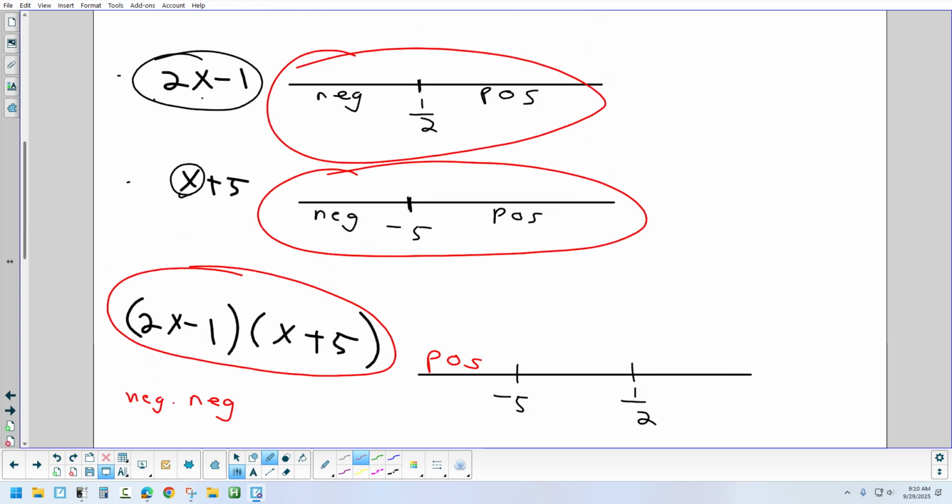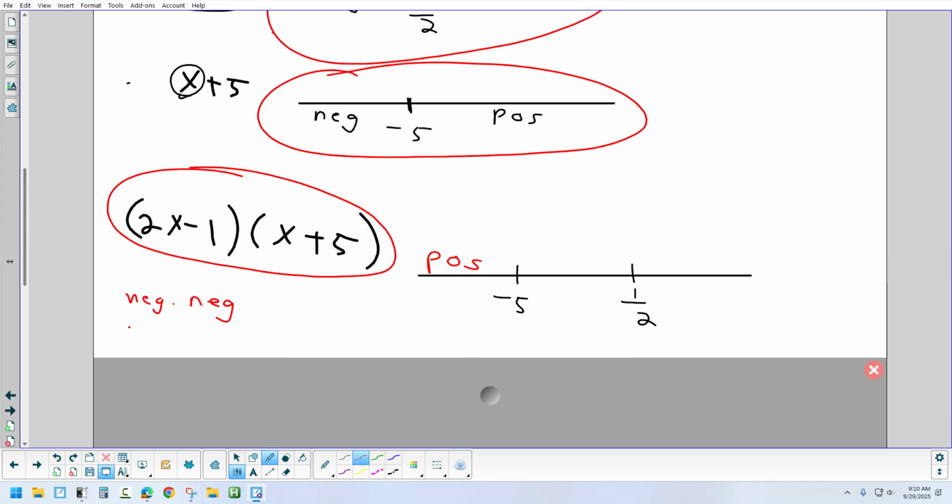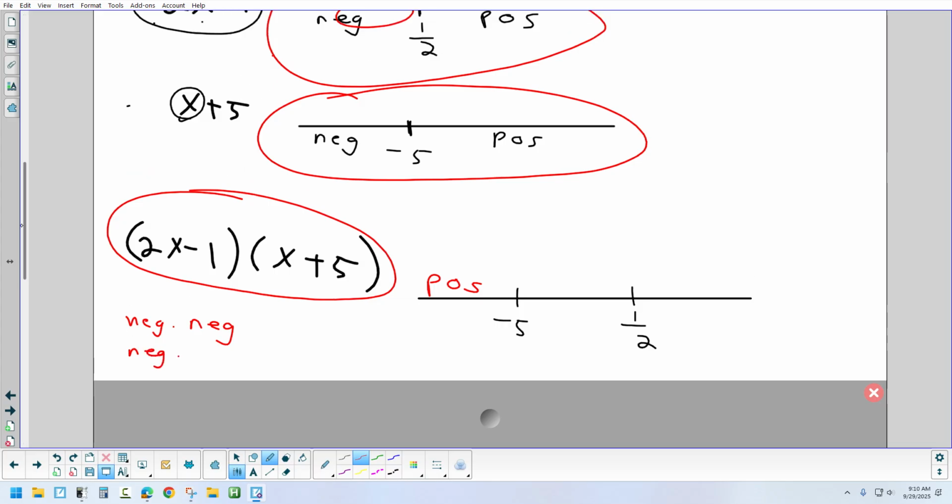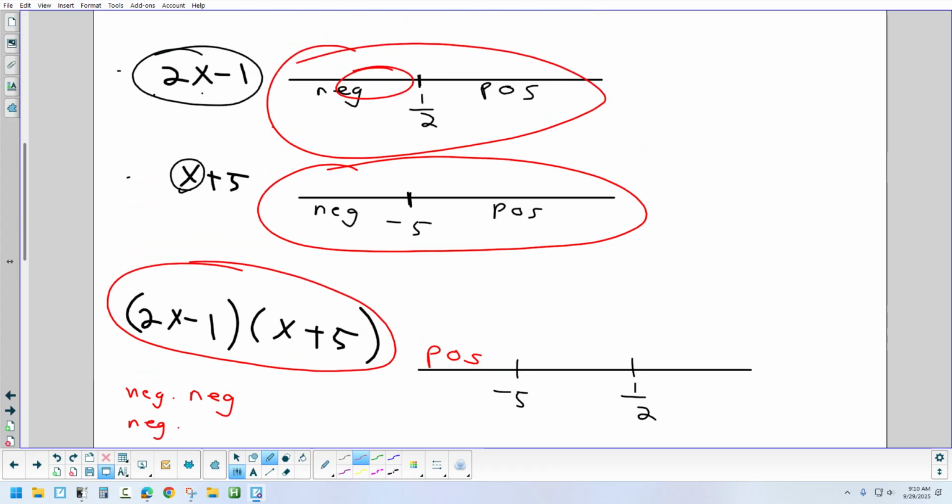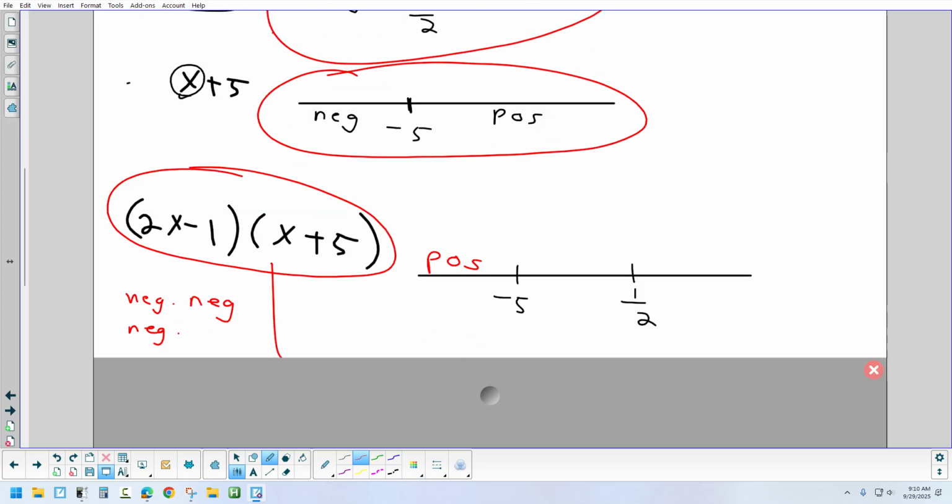Okay, let's look at between -5 and 1/2. In the top number line, if I'm between -5 and 1/2, what section am I in on the top number line? How about you, Jackson? Negative. Yep, you're somewhere right in here between -5 and 1/2. That would give you a negative. What if you're between -5 and 1/2 in the bottom number line?